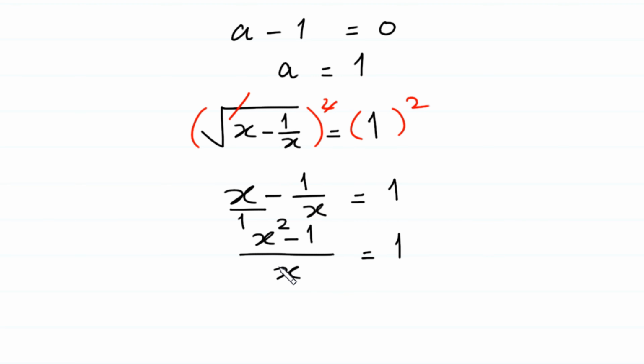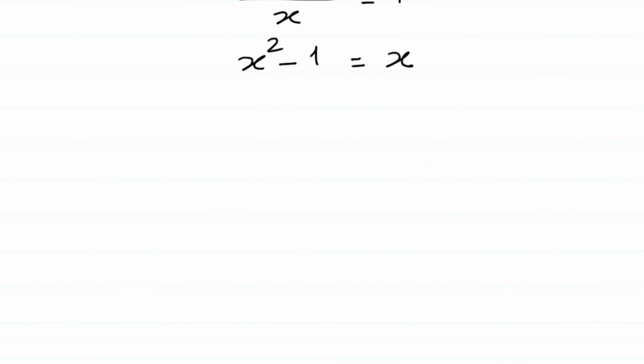If we multiply both sides by x we get x square minus 1 is equal to x. Next, we shift this x to the left side, then this equation becomes x square minus x minus 1 is equal to 0. Now this is a quadratic equation and can be solved by quadratic formula.